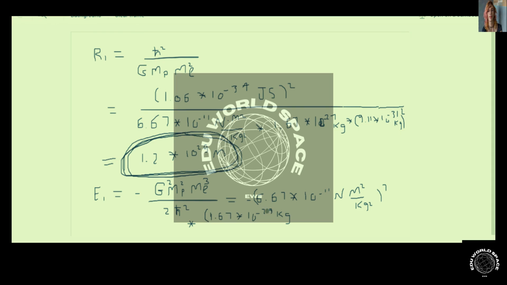And this all is squared, times 9.11 times 10 to the negative 31 kilogram cubed, and all this is divided by 2 for this factor, times h bar square, which is 1.06 times 10 to the negative 34 squared as well. Of course, these are in joule second.